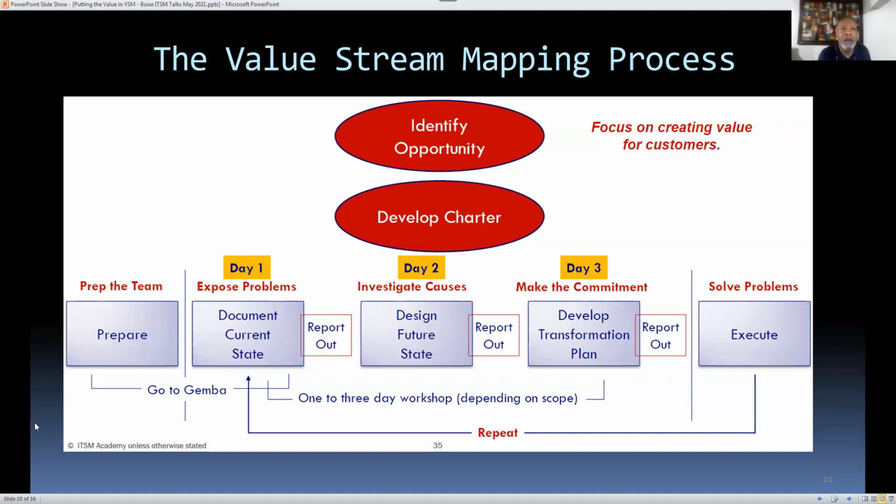Yes, we improved it. Six months later, because of some things that have changed in our organization, new technology, new legislation, new demand, new financing, whatever it is, do we have the opportunity to improve that value stream even more? Next slide, Jeff.